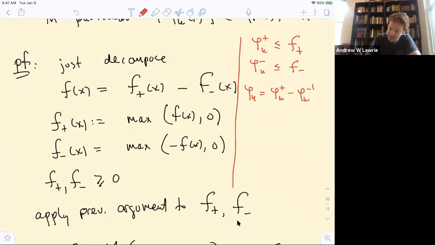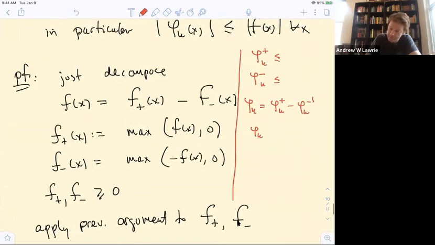Sorry, I should have written this in terms of phi k plus less than or equal to phi k plus 1 plus, and phi k minus less than or equal to phi k plus 1 minus.